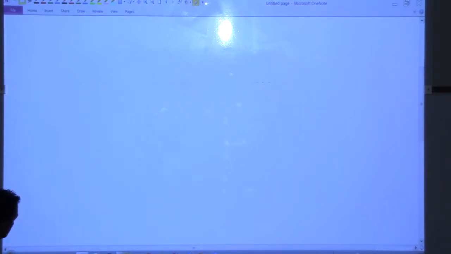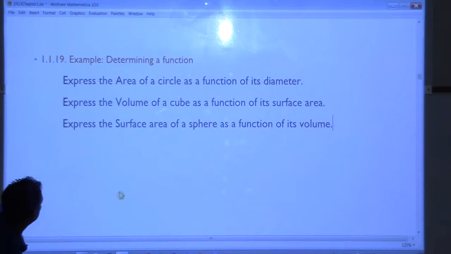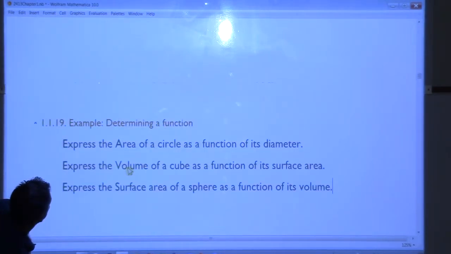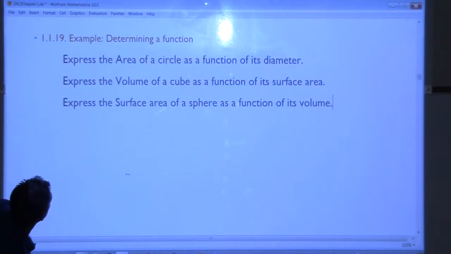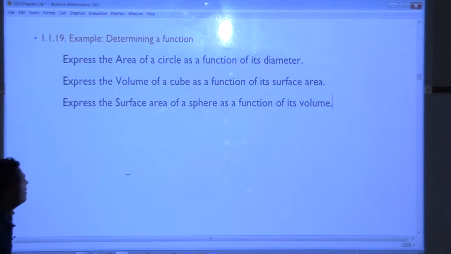Okay, so let's continue with the material we were covering from Chapter 1, Section 1. This was the last thing that I wanted to discuss, and you should have seen problems similar to this in your homework.